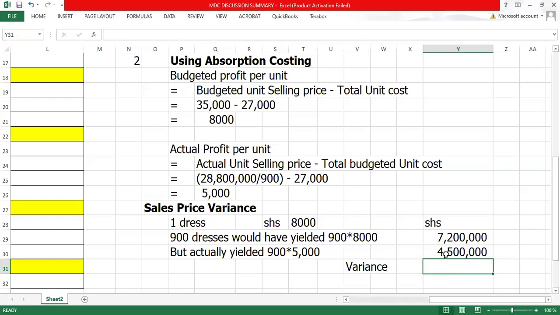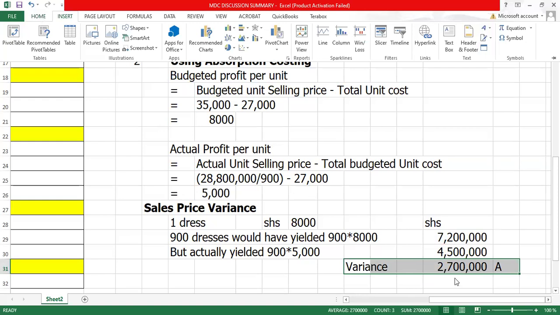You actually received less compared to what you had budgeted, and that is adverse. So you get this minus. Let me maintain this: you put the letter A to show that this is adverse.